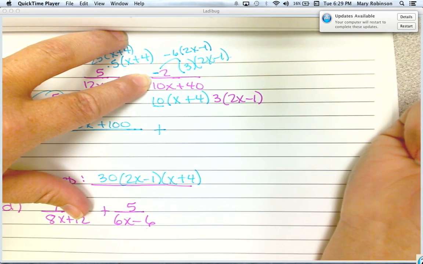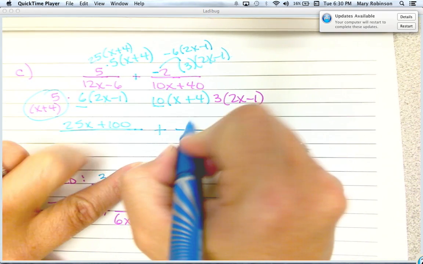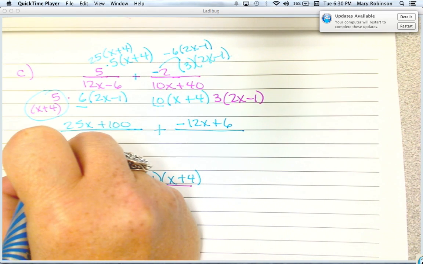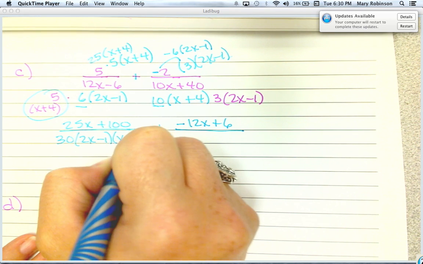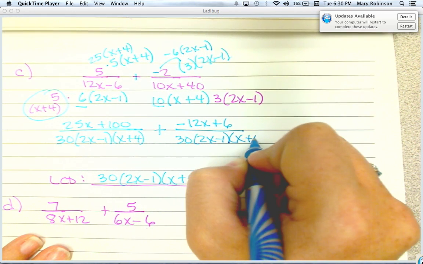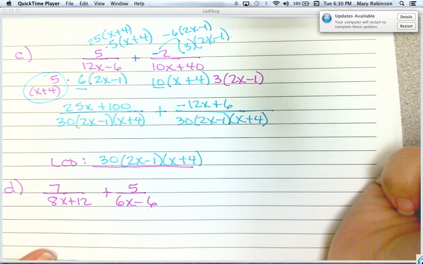When you distribute that over the quantity 2x minus 1, you end up with negative 12x plus 6. Now mind you, both of these are over your new common denominator here. And at this point, all you need to do is combine like terms.